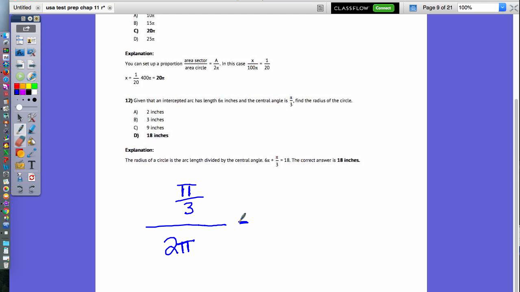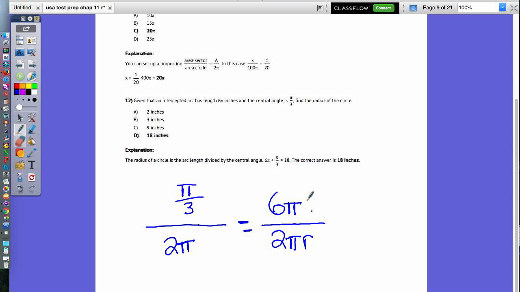In this one, they give me an intercepted arc that has a length of 6 pi. Arc length is a part of the entire circumference. So the total circumference of the circle would be 2 pi times the radius, which is what we want to find here.